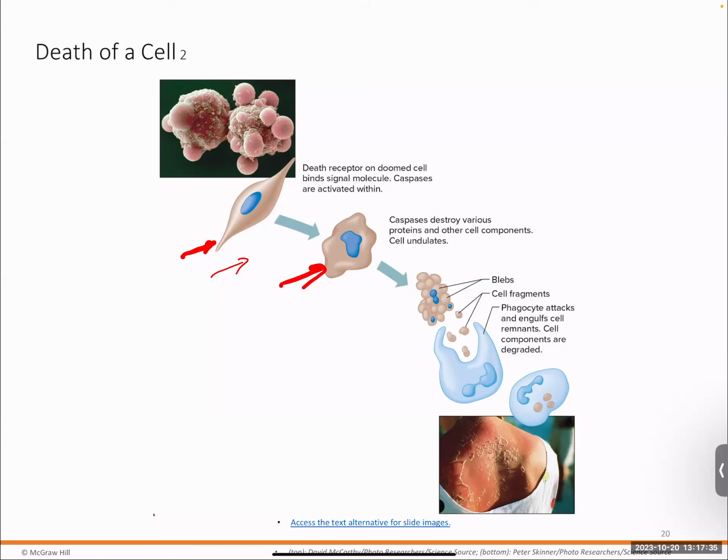And eventually you start to form, again, little fragments of the cell called blebs, and blebs are going to be eaten by the phagocytic cells, and those phagocytic cells eat whatever has been given to them and break it down to the subunits that make them, which is not harmful for the cell.